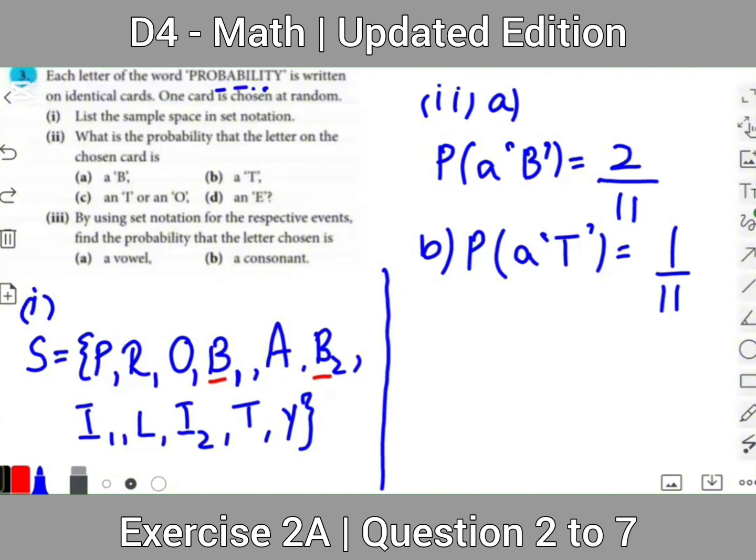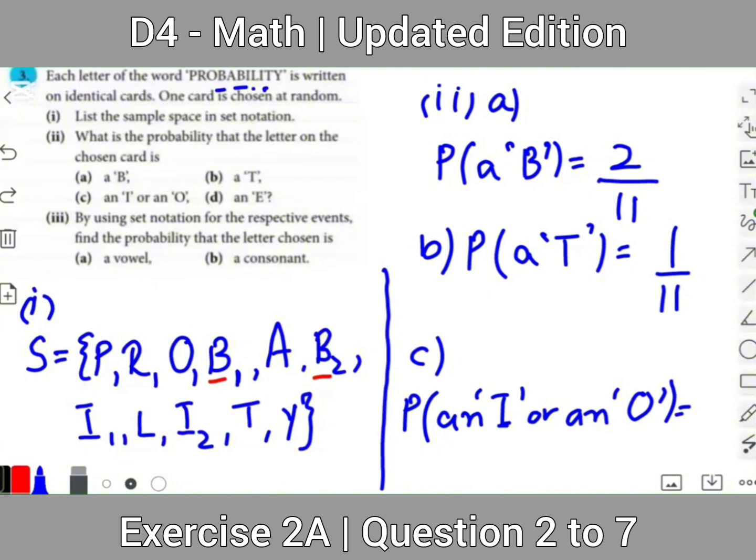Now for part C, if the letter is an I or an O, it will be equal to 3 over 11.